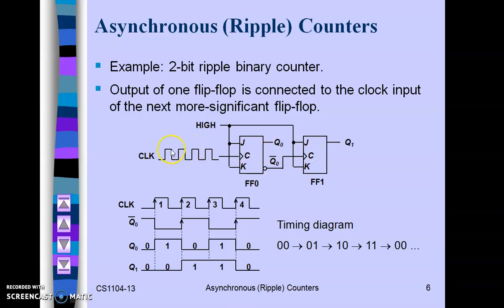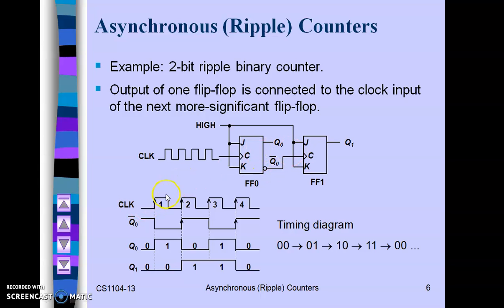So here this positive triggered clock is provided to flip-flop 0, and flip-flop 1 will take the clock from the inverse output of the first flip-flop, that is Q bar 0. The input for both flip-flops is the same, 1 1. Because J and K are both 1, it gives the toggled output.